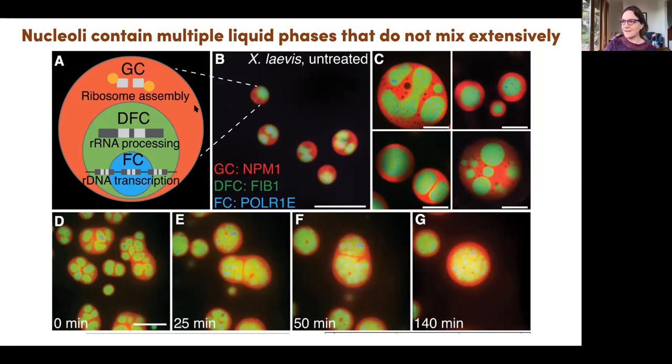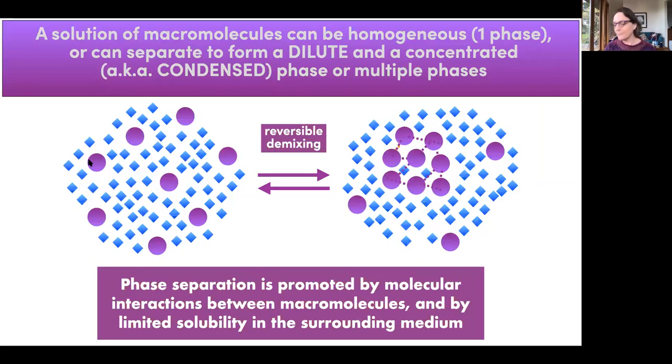Okay, so I still haven't really talked about what is a condensate and how does it form. And as I've alluded to, this is a very common phenomenon within cells. What we now understand, and there's actually theory going back to the mid-20th century from polymer chemistry, is that when you have a solution of certain kinds of macromolecules, and you can think of a cell as a solution of macromolecules, some of those macromolecules may like each other and may not like the liquid very much.